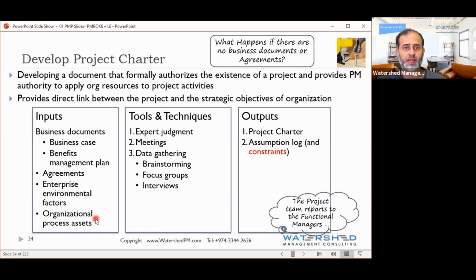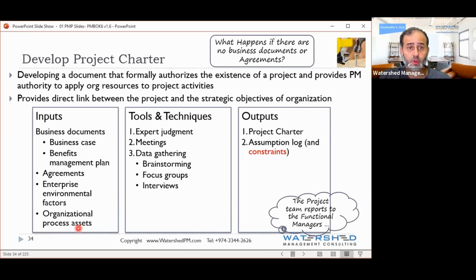The company will have a set of procedures, policies, processes, right? All those company processes, policies, company guidelines, including templates, including information about the past projects, archives and all that, all of them put together are organizational process assets.